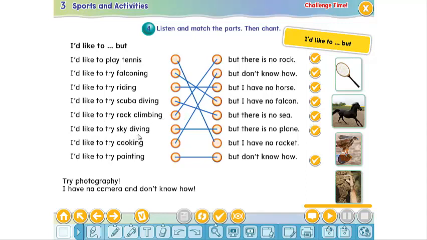I'd like to try skydiving, but there is no plane. I'd like to try cooking, but don't know how. مش عارف كيف. I'd like to try painting, but don't know how. Try photography اللي هو فن التصوير. I have no camera. طبعا ما عنديش كاميرا. And don't know how. ولا عارف كيف.